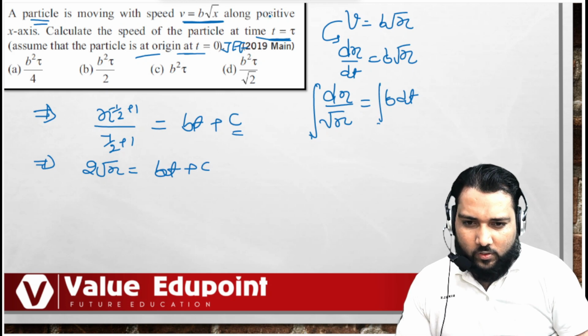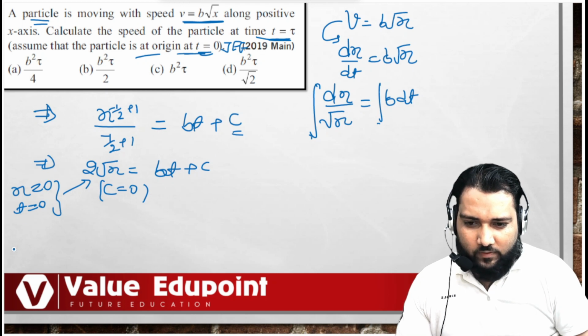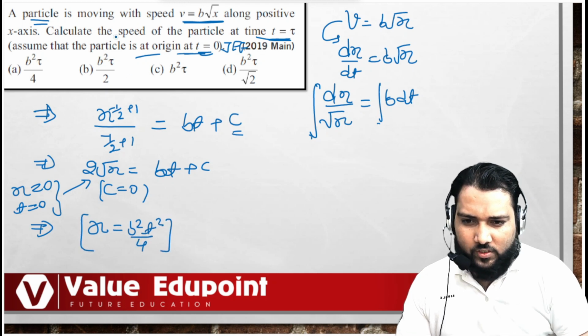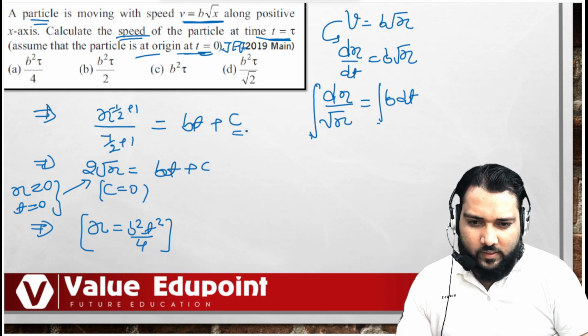Plus c. Now the particle starts from t equals 0. When you put t equals 0 at the origin, x equals 0 and t equals 0, the c will automatically come out to be 0. So the final equation comes out to be, when you square both sides, x equals b square t square divided by 4. But now, guys, in this question speed is asked, so we will again differentiate with respect to time t.